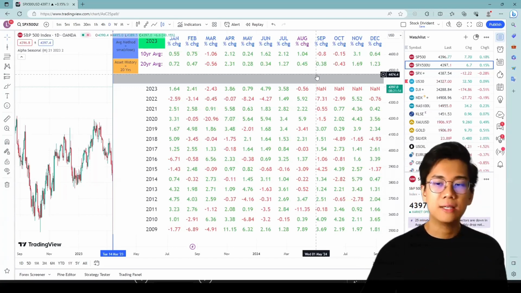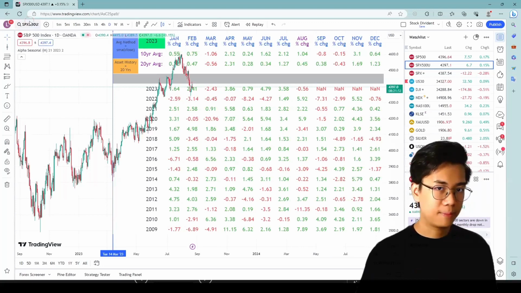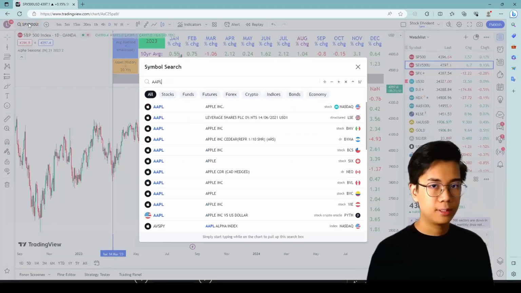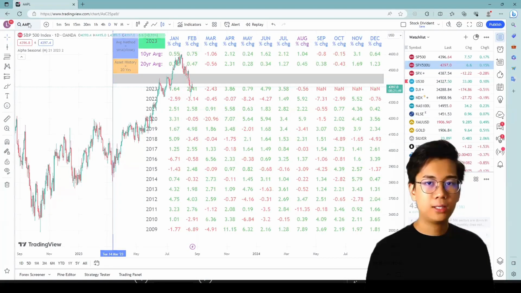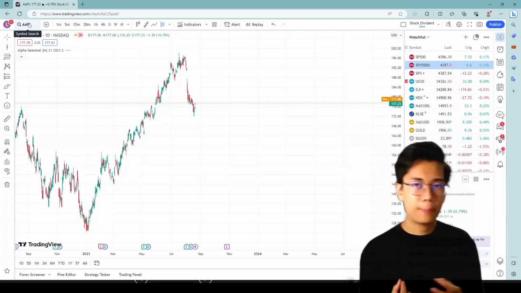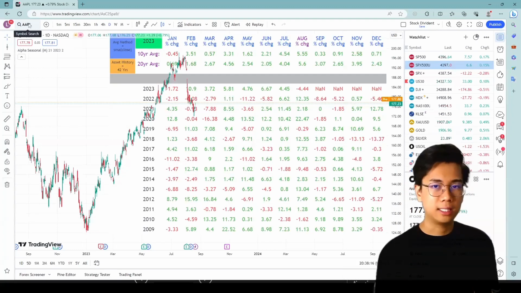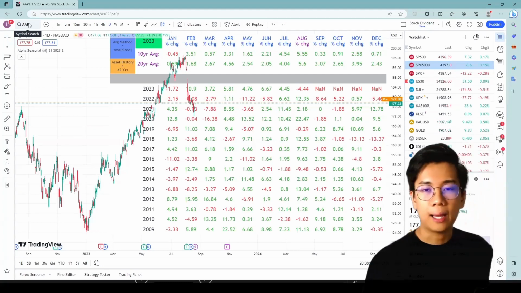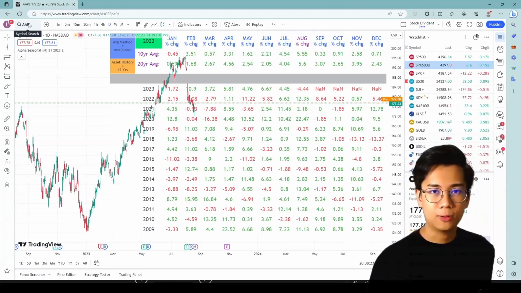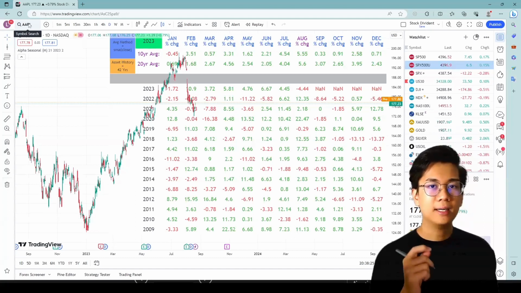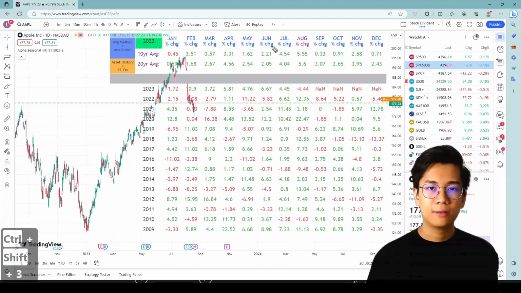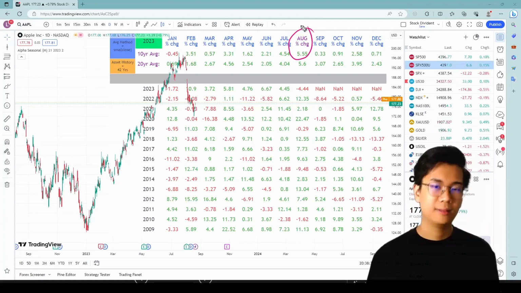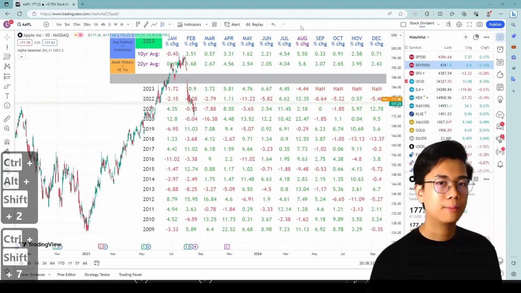If you want to go for individual stocks, for example Apple, then you only look into the specific Apple stock's seasonal data. And if you really want to buy Apple, the best month to buy is of course the month that has the highest number. For example, now. Okay? So look into the number size only.